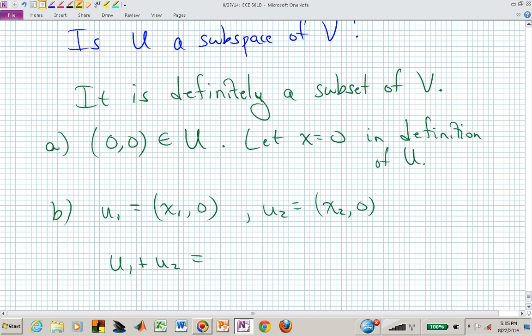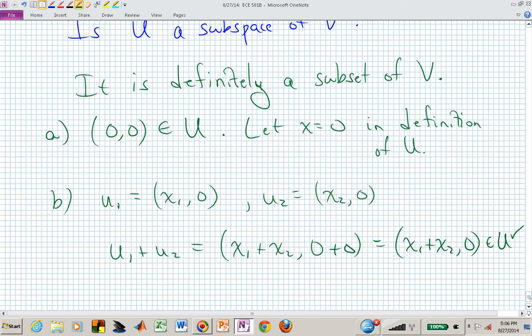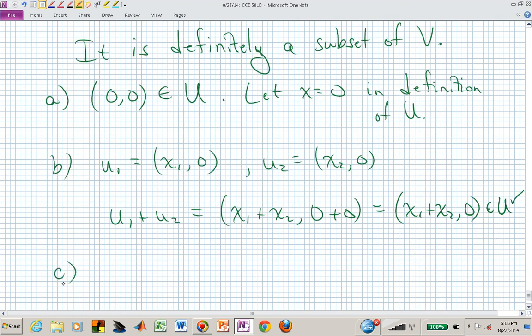Because this is now x1 plus x2 comma 0, well, maybe I'll be very explicit, 0 plus 0, which is x1 plus x2 comma 0, and that is in U by definition of capital U. What about, is it closed under scalar multiplication?